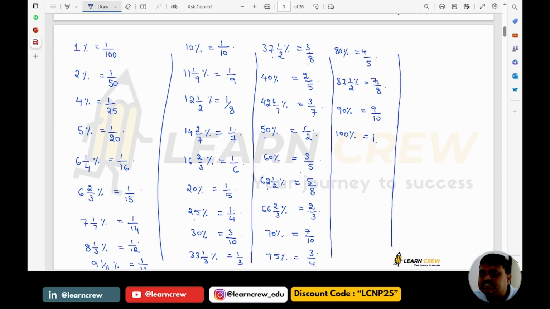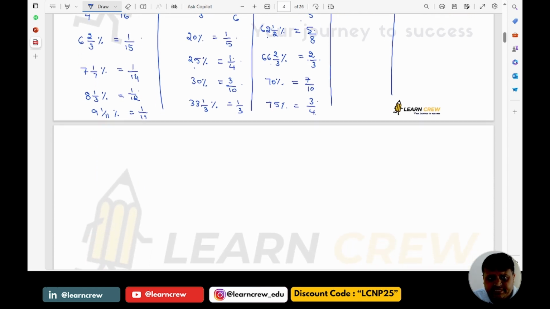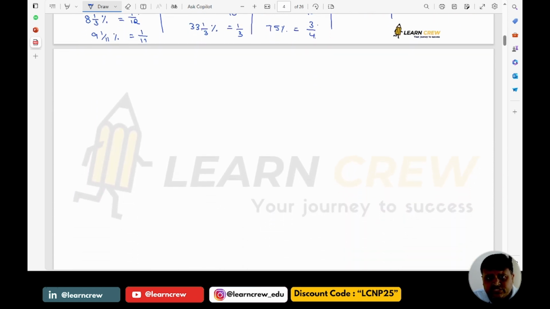What do you mean by 7 by 8? 7 by 8 means total is 8 parts, my requirement is 7 parts out of it. And for example, 60%, 3/5 means total is 5 parts, our requirement is 3 parts out of it. So like that we need to understand the percentage and the fraction very, very clearly, thereby we can do calculations comfortably.